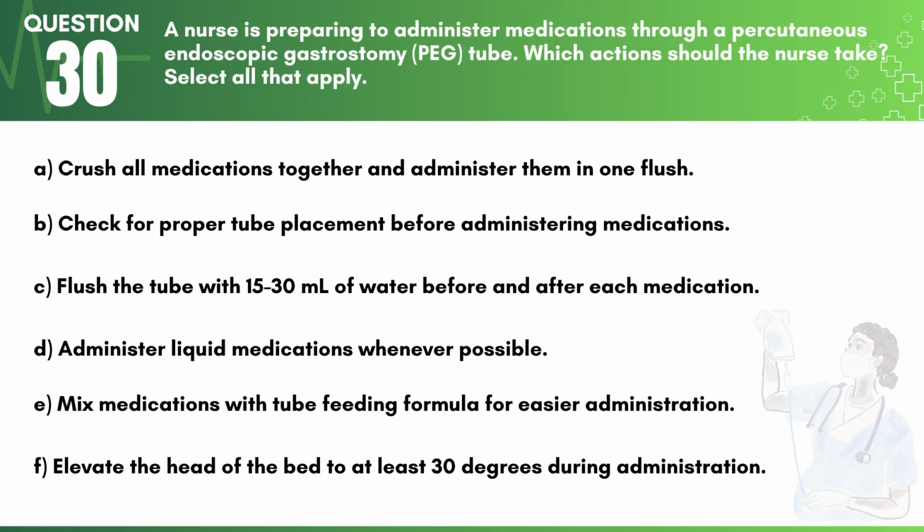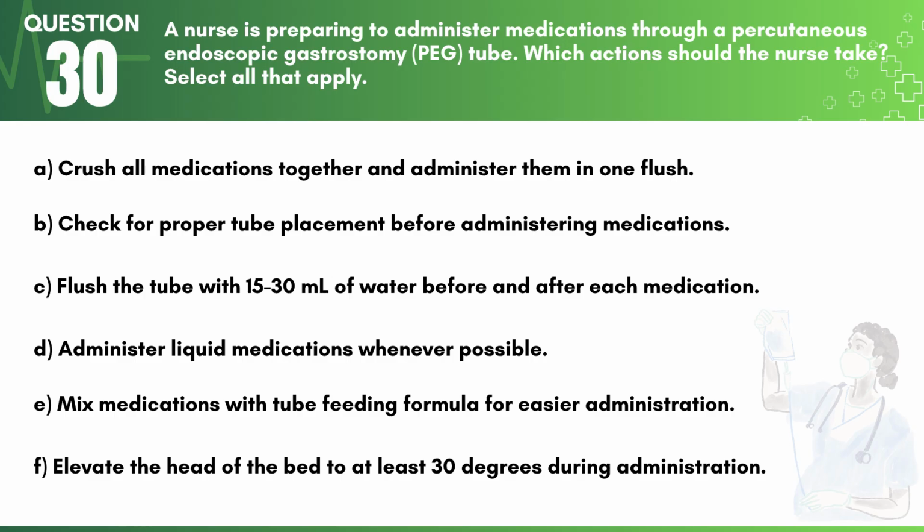Question 30. A nurse is preparing to administer medications through a percutaneous endoscopic gastrostomy (PEG) tube. Which actions should the nurse take? Select all that apply. A. Crush all medications together and administer them in one flush. B. Check for proper tube placement before administering medications.